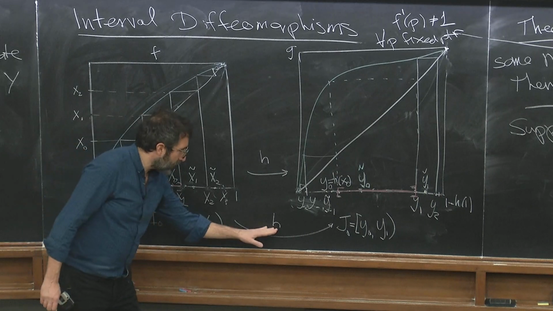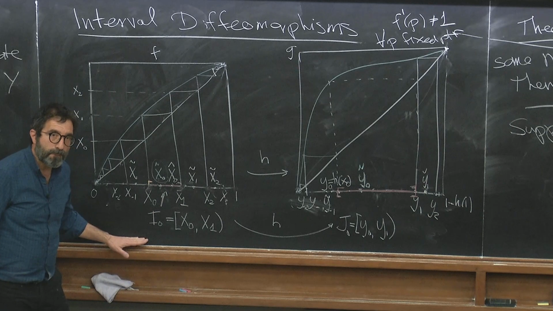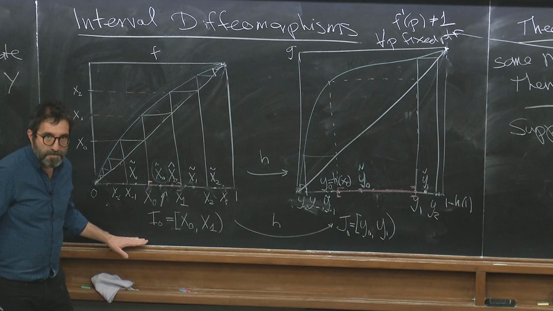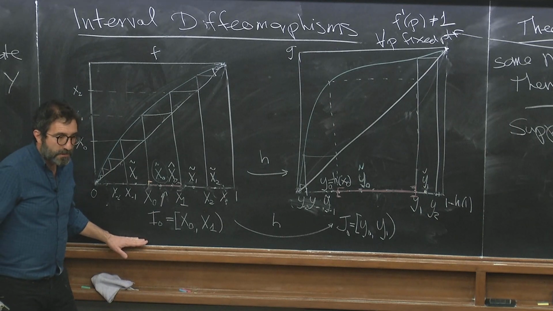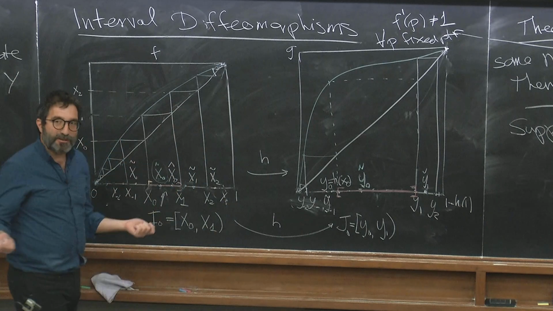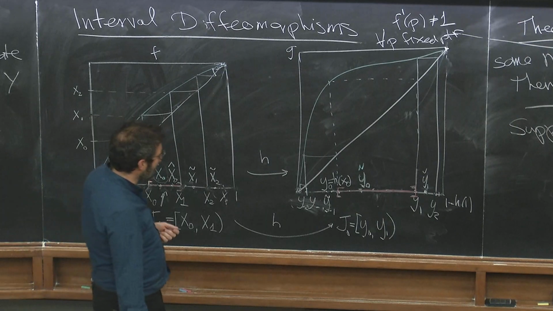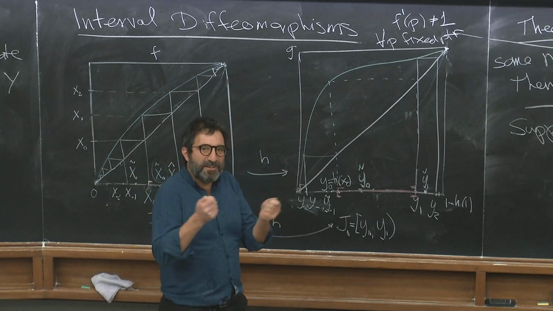Can I do that? Can I define a homeomorphism between I0 and J0? Yes. These are just two intervals, and there's plenty of homeomorphisms between them. I can even take this homeomorphism affine if I want, right?